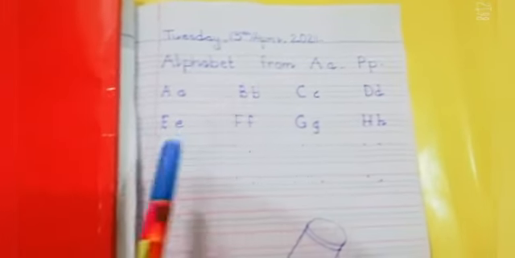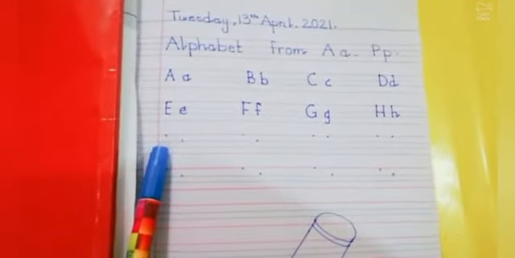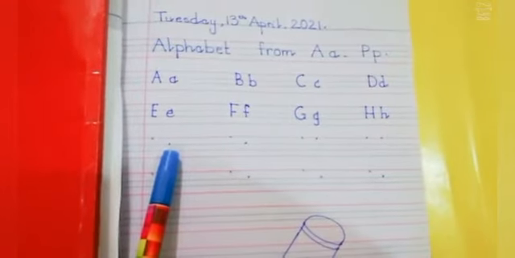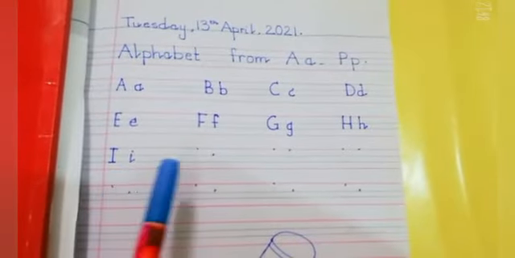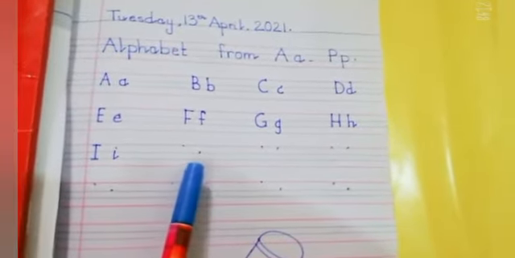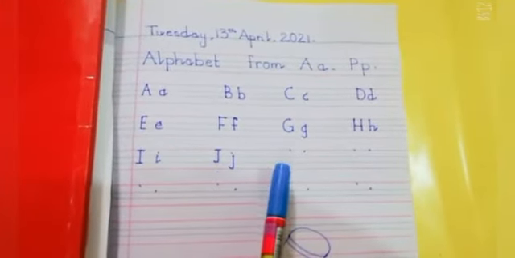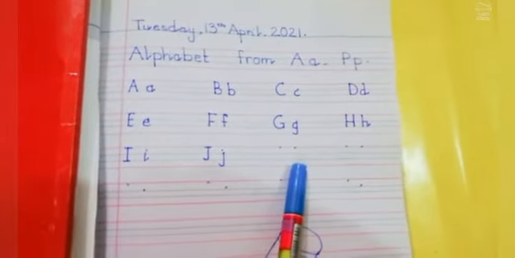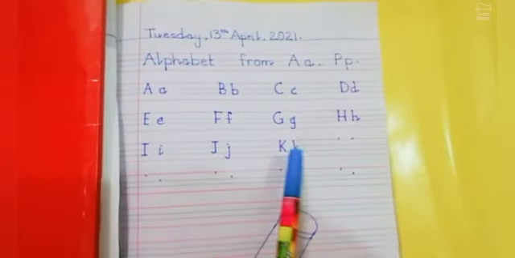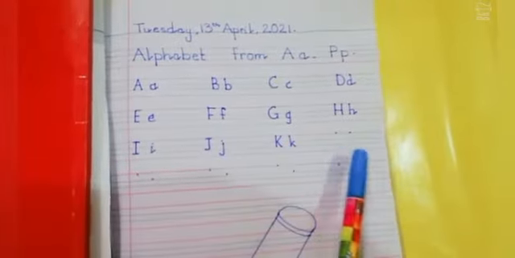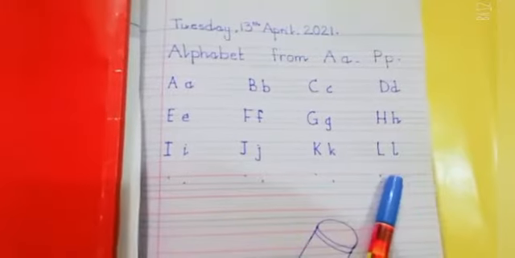Like this. Next, capital I, small i. Like this. Next, capital J, small j. Like this. Next, capital K, small k. Like this. Next, capital L, small l.